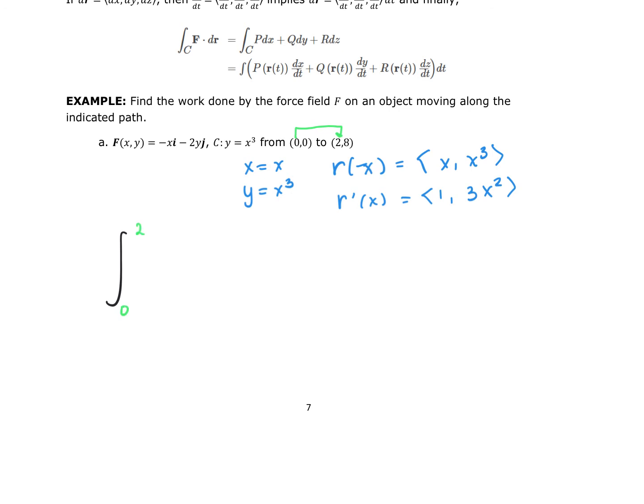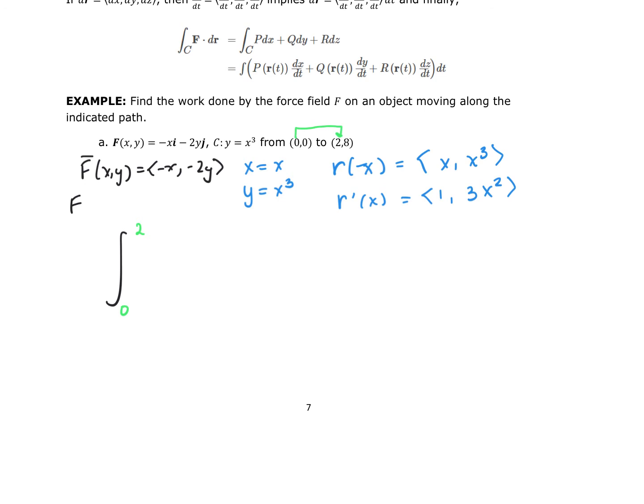So 0 to 2 of my vector f. Well, I'm going to rewrite my vector f of x comma y as negative x comma negative 2y. But remember, I don't want to have to do this integration twice, so I'm going to do a replacement: my y gets replaced with x cubed.